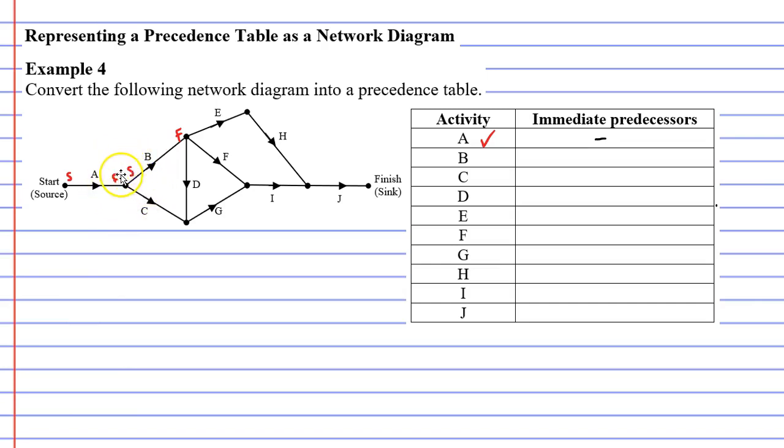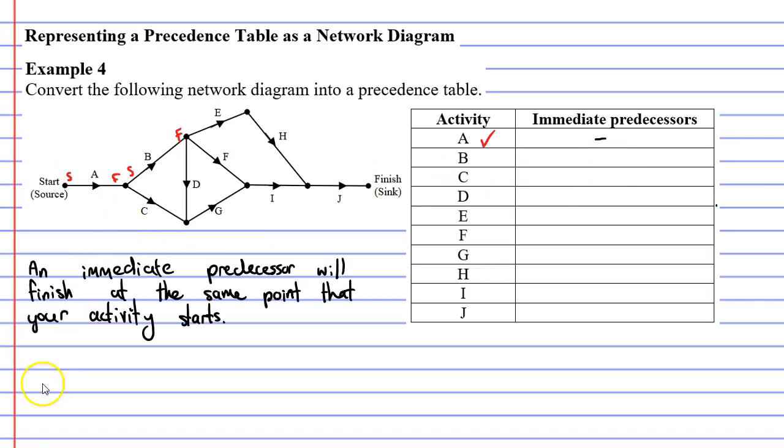Now, when we look here, there are actually two edges, activities A and C, that connect to this same vertex.